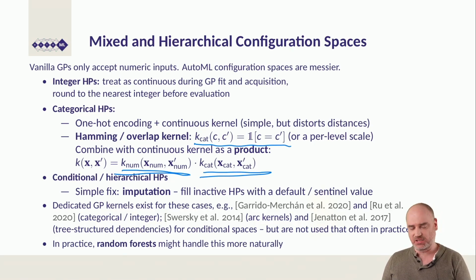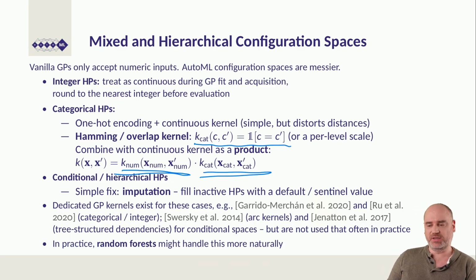There are dedicated Gaussian process kernels for exactly all of these cases. So there's stuff for specifically categorical and integer parameters. There are kernels for conditional things and tree structured dependencies and so on. Very often they make the quite complicated GP even more complicated and the fitting even slower. Yeah, read these papers. This is all quite interesting.